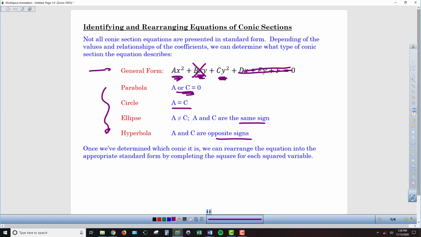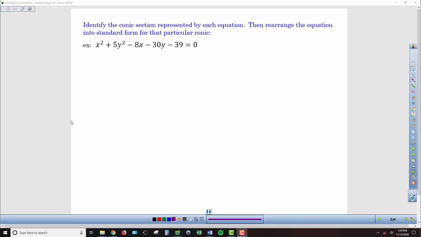And so once we've identified which conic section it is, then we can set about trying to rearrange the equation into a format where we can interpret its features. So in the example in front of us, we're going to focus our attention on the x squared and the y squared terms.